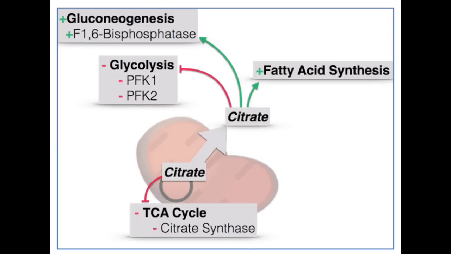Citrate also increases the rate of fatty acid synthesis, and so the TCA cycle is turned down, and the catabolic pathway of glycolysis is turned down, and the anabolic pathways of gluconeogenesis and fatty acid synthesis are turned up. We have enough energy, we have enough building blocks. It's time to store some of this fuel for later.